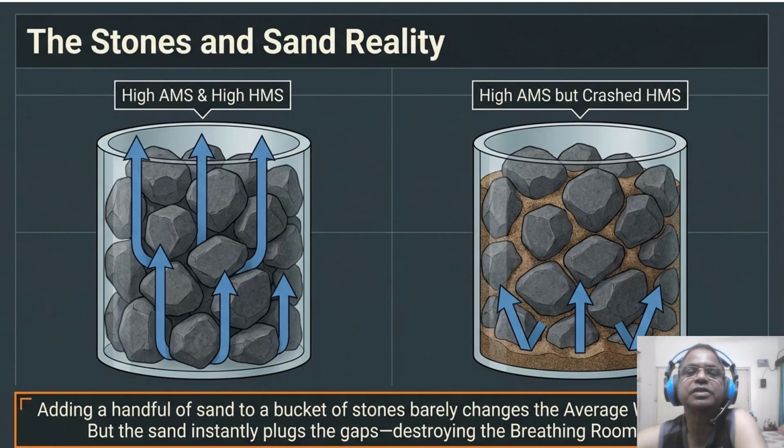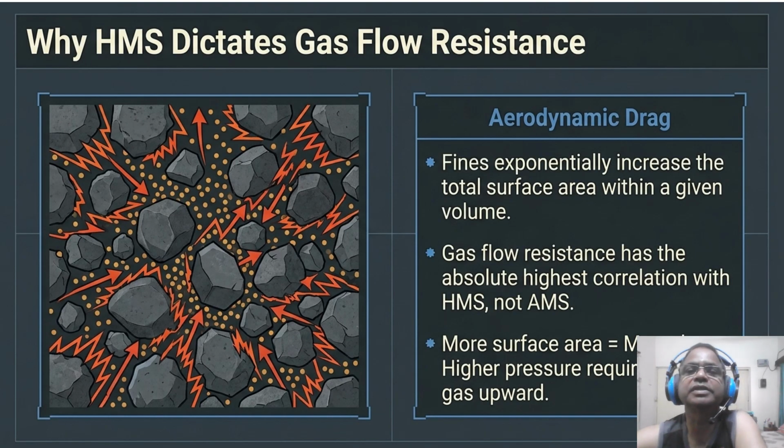So this is not just an analogy, there is a specific aerodynamic logic behind why HMS is our master metric. As you must be knowing, permeability is essentially a battle against aerodynamic drag. The visual on the left shows a red drag spark between particles. Every time gas has to flow around a surface, it encounters resistance.